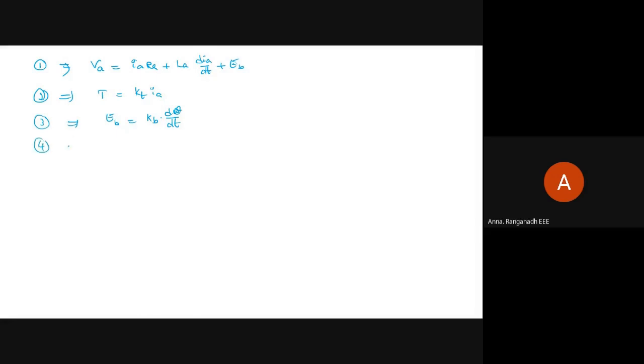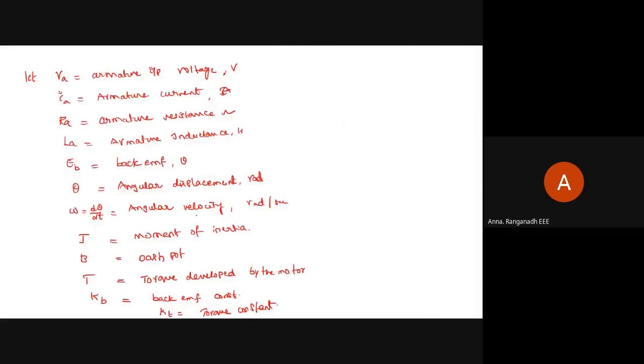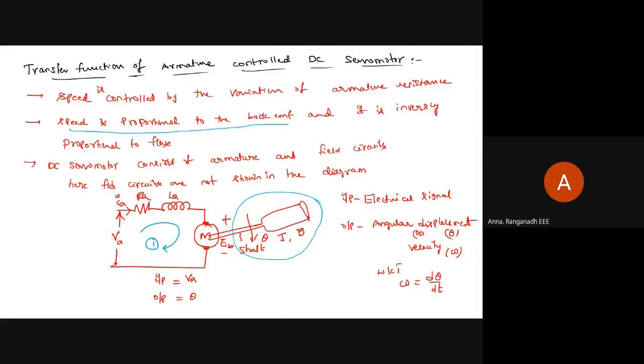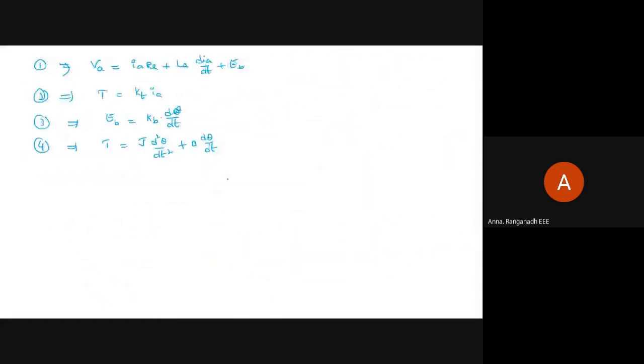Then the fourth equation will become T equals J into d square theta by dt square plus B into d theta by dt. So these are all the four equations which are derived from this main diagram. After getting these four equations, apply Laplace transform to the above equations.